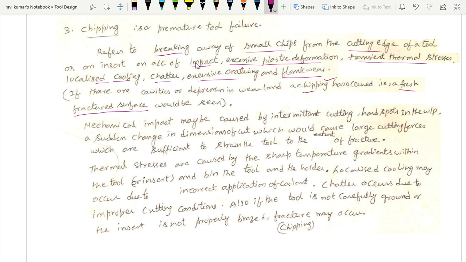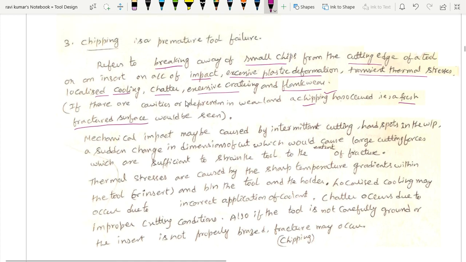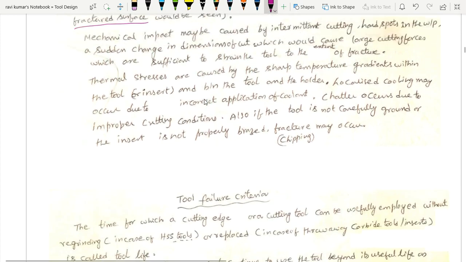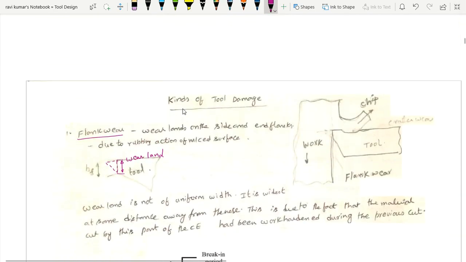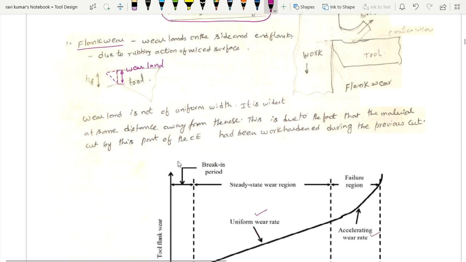Chatter is nothing but the excessive vibration because of improper tool support conditions. This is also going to cause a sort of chipping, right? So these are all the different kinds of tool damages.